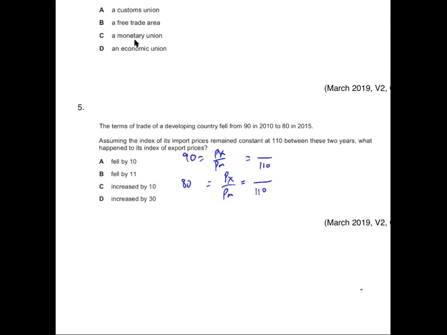What happened to its export prices? If I write PX over 110 is equal to 80, and that is equal to 90. So if somebody can tell me, use a calculator, what will be the answer? Anyone?